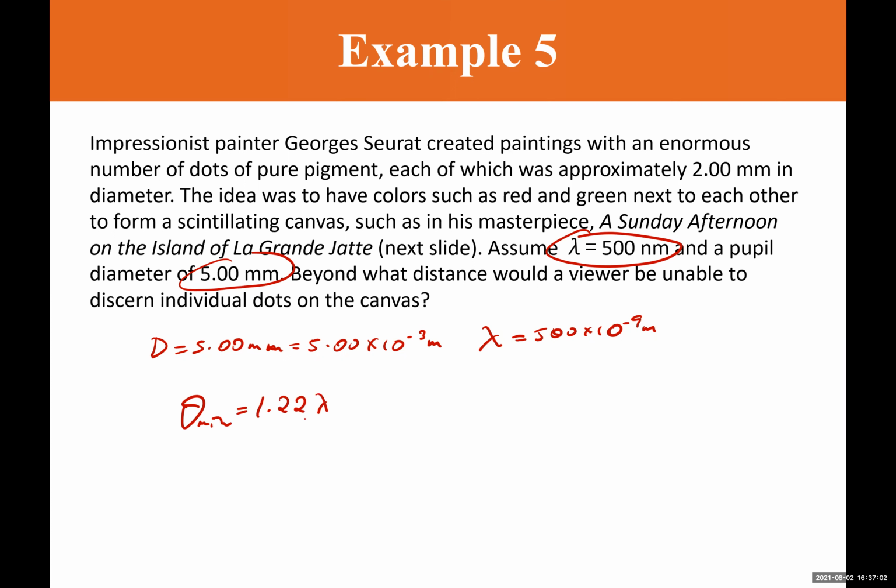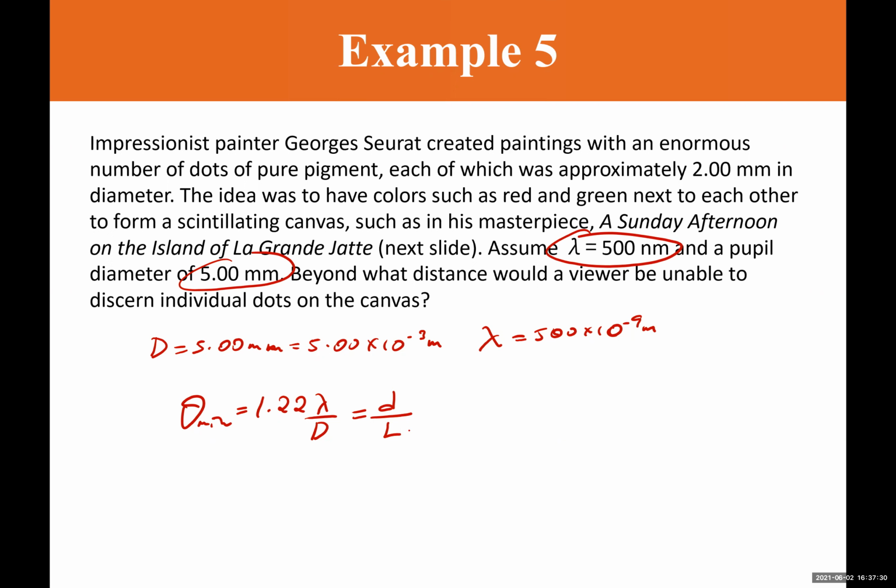So we can calculate theta minimum, which is equal to 1.22 lambda over d. But as I showed you in the previous example, we can also say that this is equal to d over L, where d is the y, so y over L, the size. Here d is the distance between those dots, and L is the distance that you will be standing.